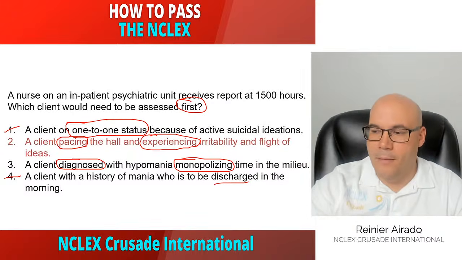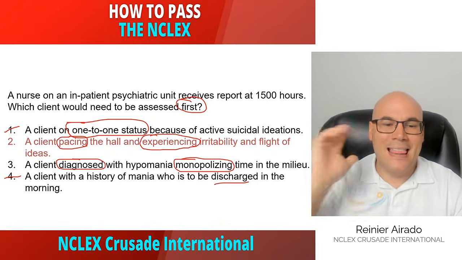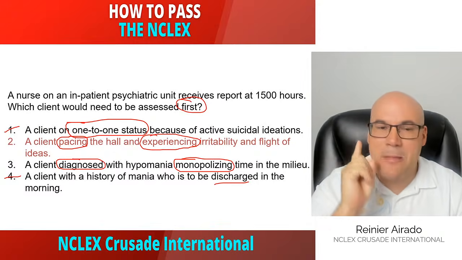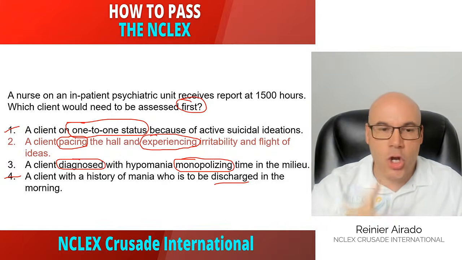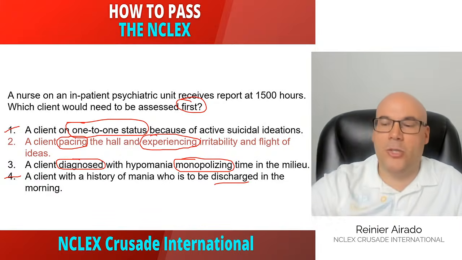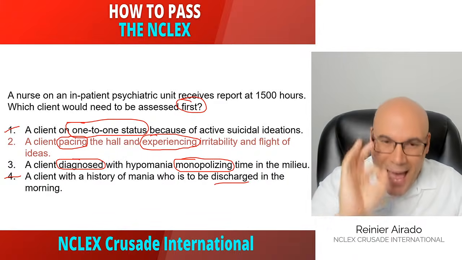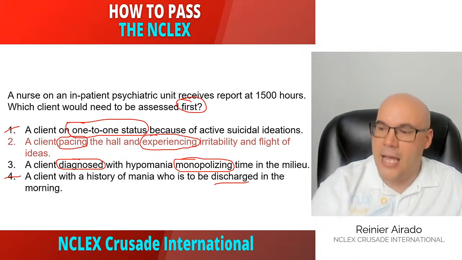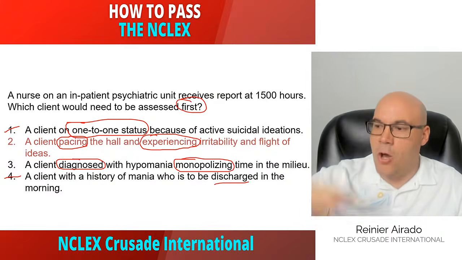Why? Because answer number 3, a patient with hypomania monopolizing time, is expected in that client's condition. Notice the difference between 2 and 3. Answer number 3 has a diagnosis, hypomania. What are the clinical manifestations?